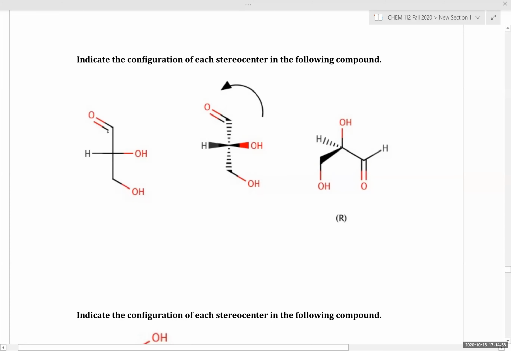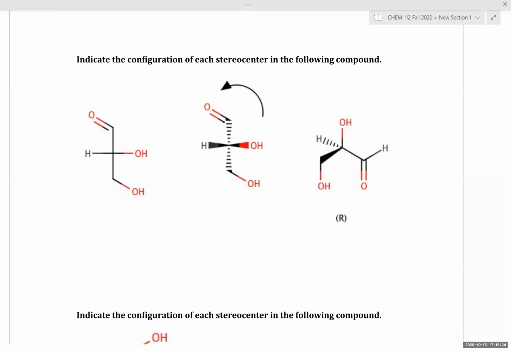The first order of business is to convert this Fischer projection into Dash Wedge notation. Each of our horizontal lines get a wedge, each of our vertical lines get a dash. So now that we have that established, let's make a model of this structure. Let's break out our model kits.